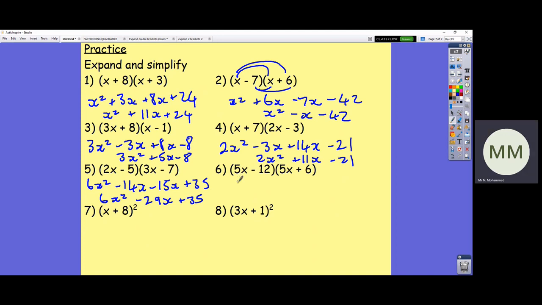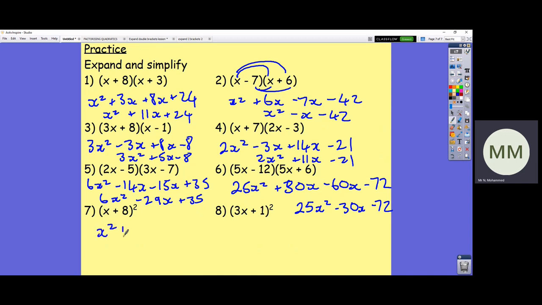This one, 5x times 5x is 25x squared plus 30x minus 12 times 5 is minus 60x minus 72, and then I get 20, is that a 25? See that I struggle to read my own writing. I don't know how students read my writing. Minus 30x minus 72.